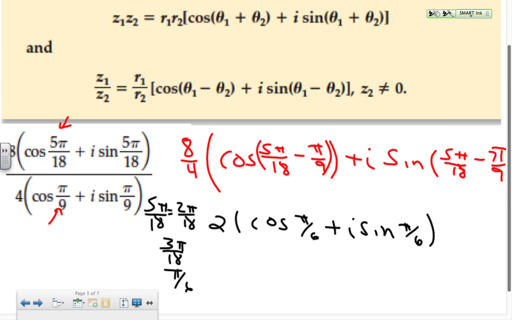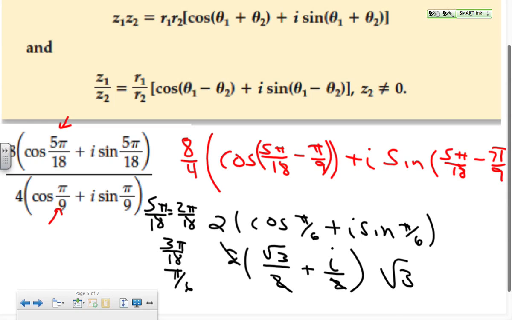Cosine of pi over 6, if I use my triangles, is radical 3 over 2. Sine of pi over 6 is 1/2, so it's i over 2. Now I'm going to distribute the 2 and end up with square root of 3 plus i. All right, and that's it for your homework.